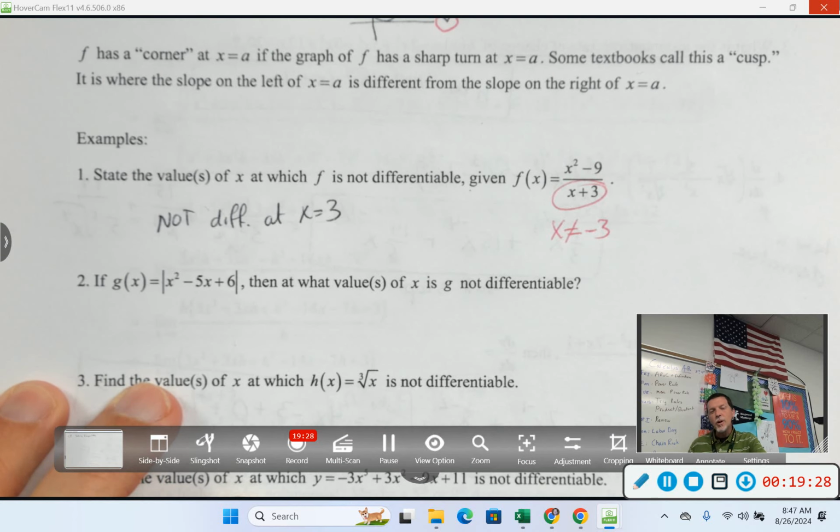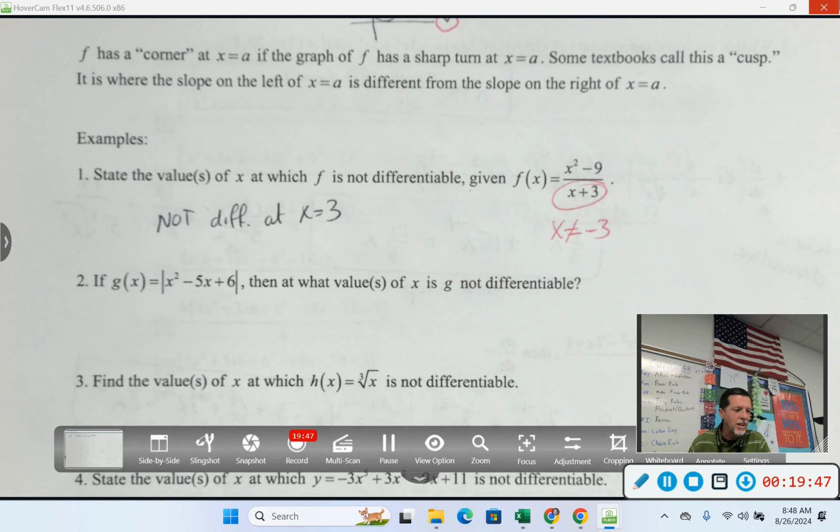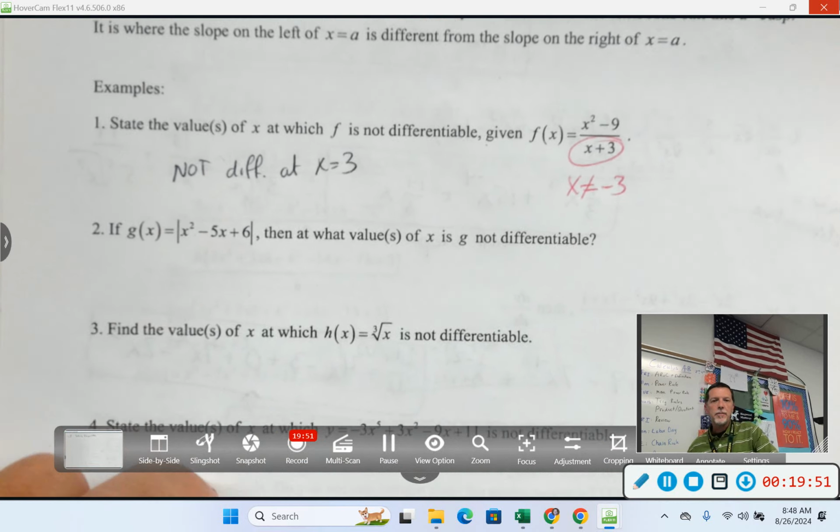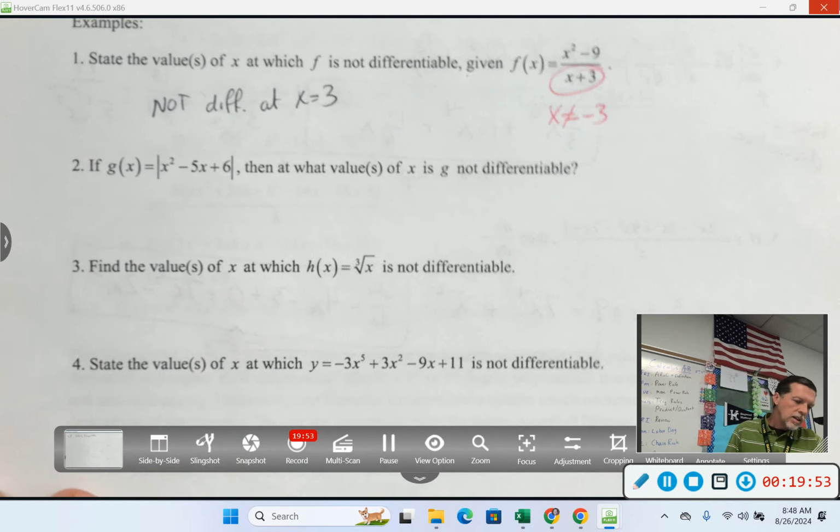And with a little more work, we could determine whether that's a hole or a vertical asymptote, but it doesn't really matter because either one is not differentiable. Can you tell by looking? Is that going to be a hole or a vertical asymptote? A hole, because the top would factor and then they'd cancel, and that puts a hole. But that's 2 or 3 steps down the road that we don't even need to get to. If the function doesn't exist there, then it can't have a derivative there.